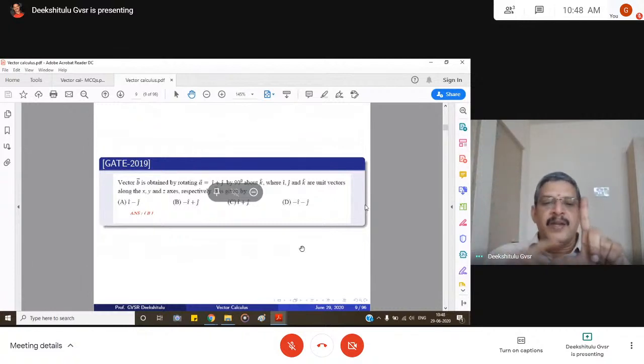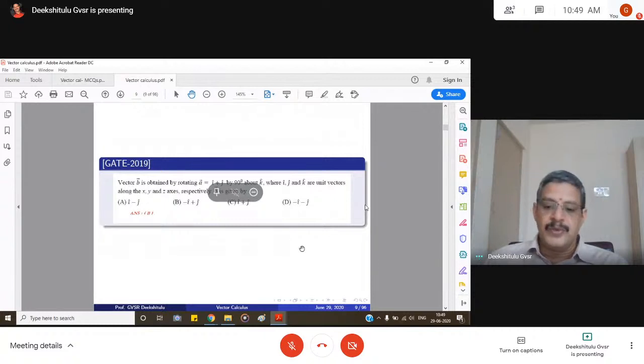Say we have x axis, y axis, i, j. Here I have taken a vector like this. This is my first quadrant, this is the second quadrant. I have taken a vector like this, and this vector is rotated by 90 degrees. This point is given by i plus j, or the position vector is (1, 1).